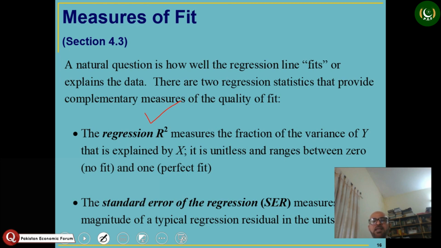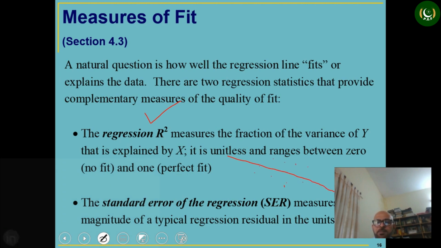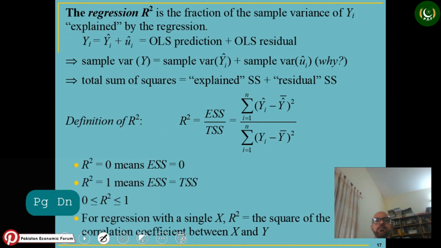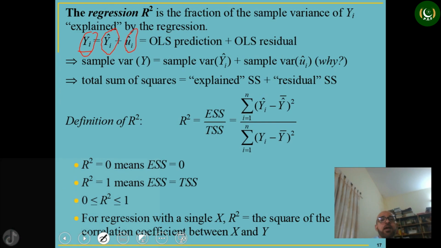Standard error of the regression measures the spread around the regression line. That was your regression line, these points, and the spread around the regression line is measured by the standard error, or you can say it is roughly equal to the size of a residual. So yi is equal to, we decompose the observed value into two parts: the explained, fitted, systematic part plus the random part.